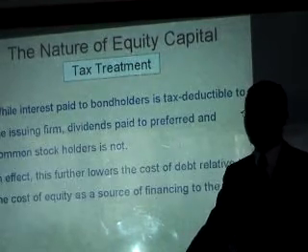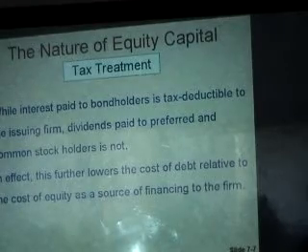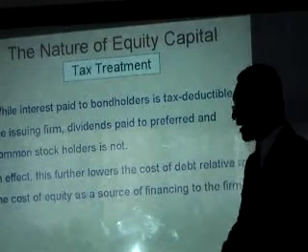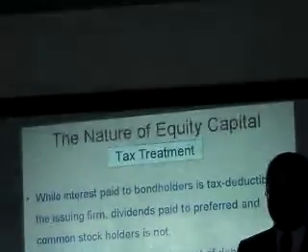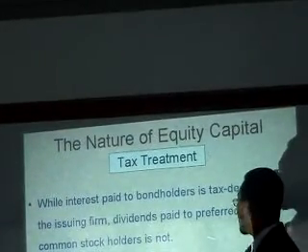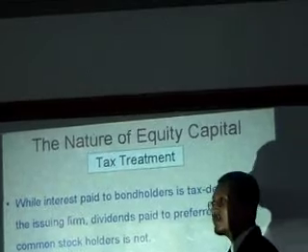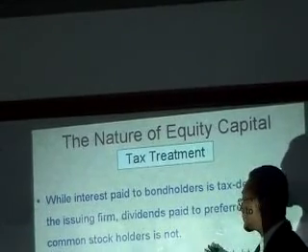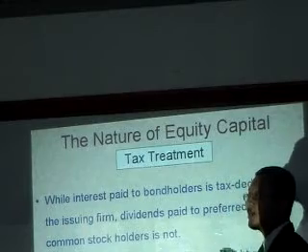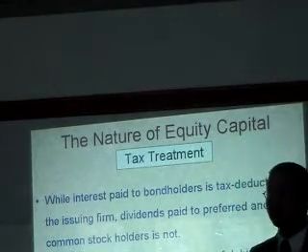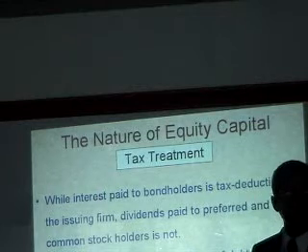In fact, this further lowers the cost of debt relative to the cost of equity as a source of financing to the firm. So issuing debt has a lower cost than issuing common stock.